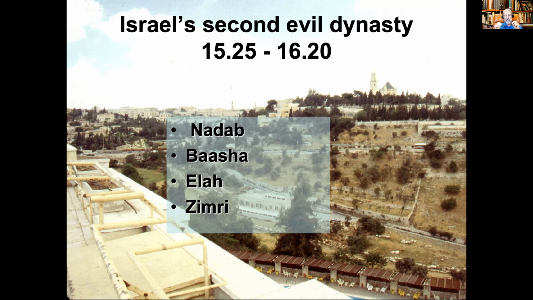For over 500 years after the time of Omri, the Mesopotamian power, which included Assyria, then Babylon, and finally Persia, referred to the northern kingdom as Omri land. This is crazy.